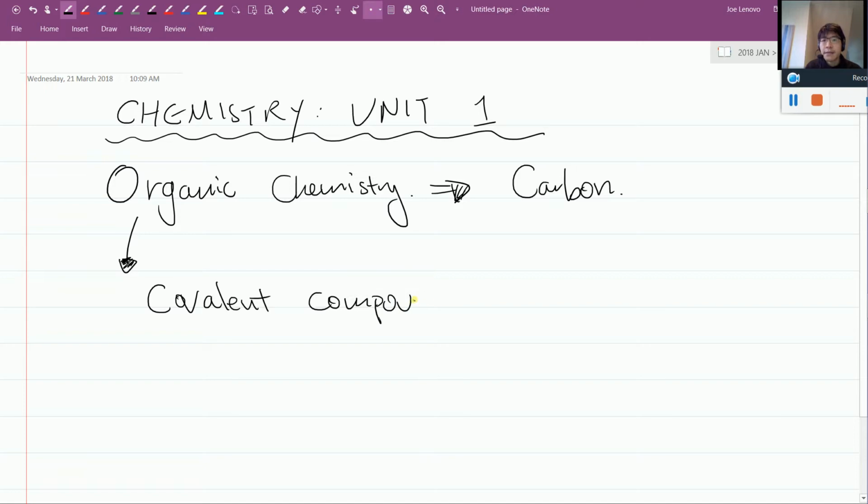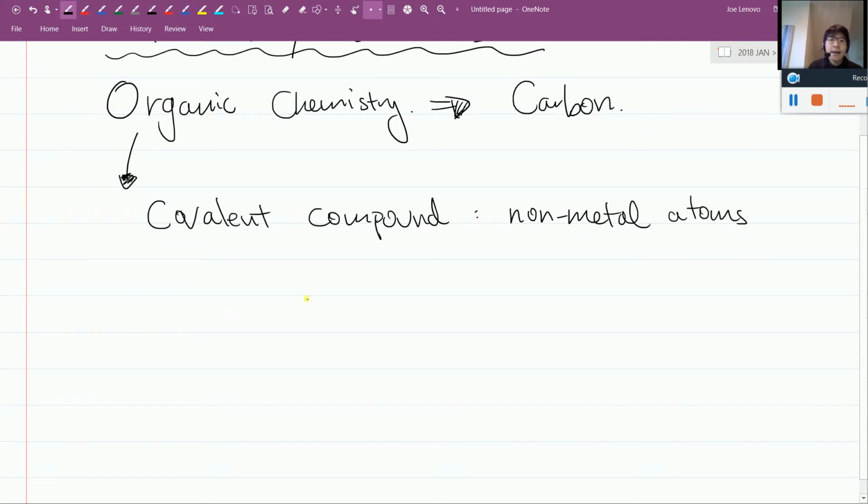Covalent compound means that we have bonding between two non-metal atoms, and those atoms are definitely different types of elements. When you have two different types of elements joined together, we have a sharing of electrons. I'll use carbon as an example.